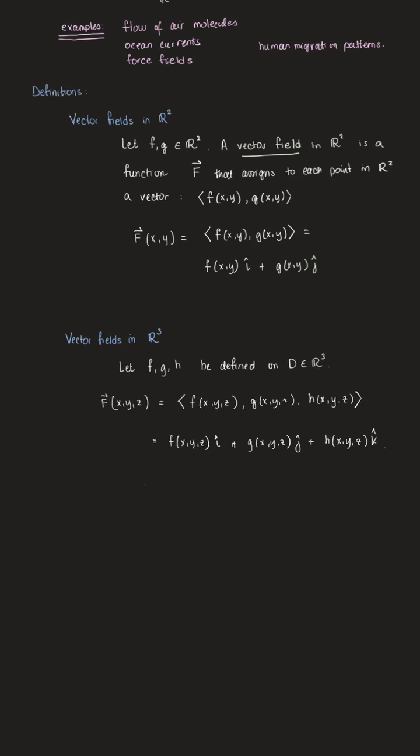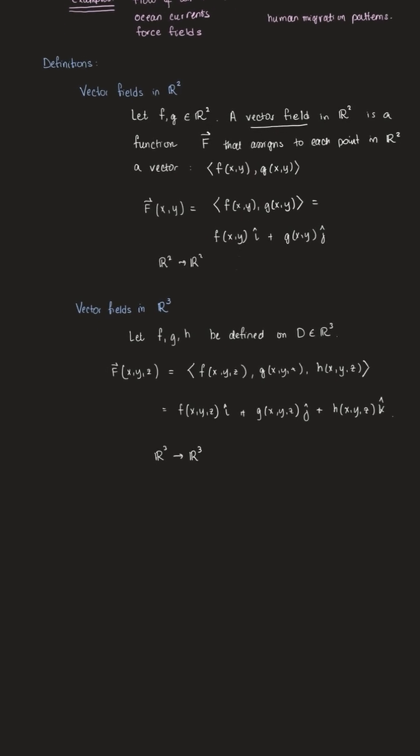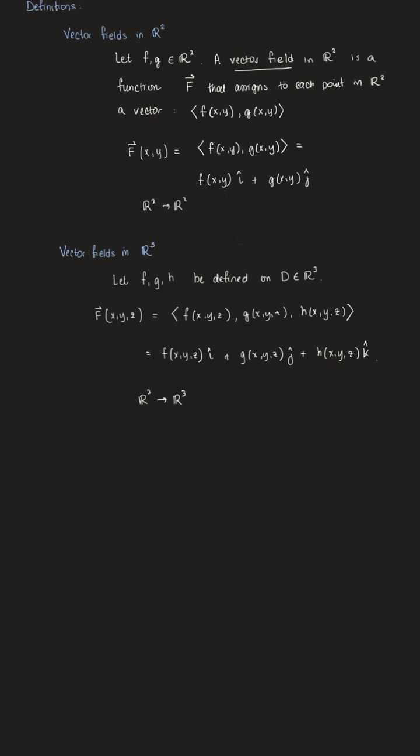And notice that points in R3 get plotted to vectors in R3. In R2, points in R2 get plotted to vectors in R2. So the way that we will denote them is by drawing vectors at different points. And of course, we won't be able to draw all the vectors in space or all the vectors on a plane. That's impossible. But we will draw enough so that we have an idea of the field that we're working with.